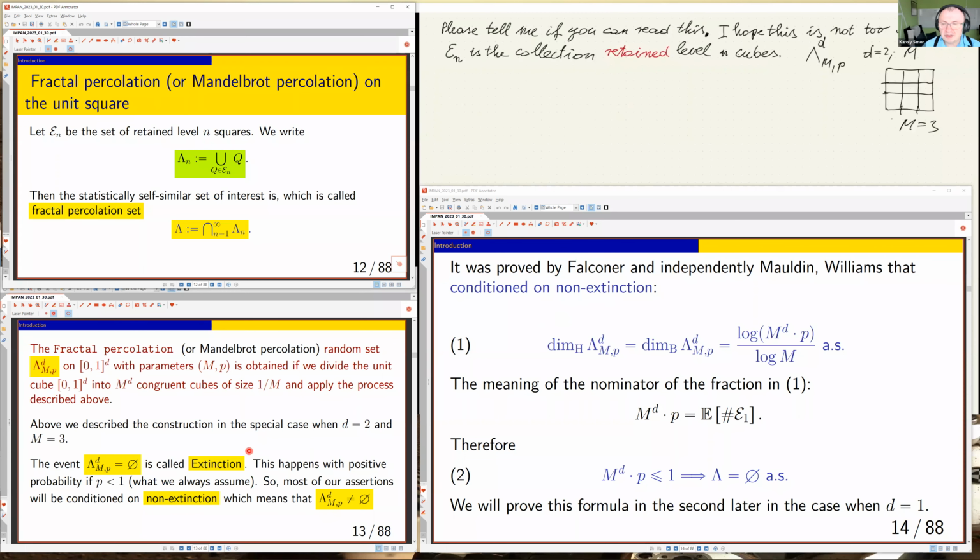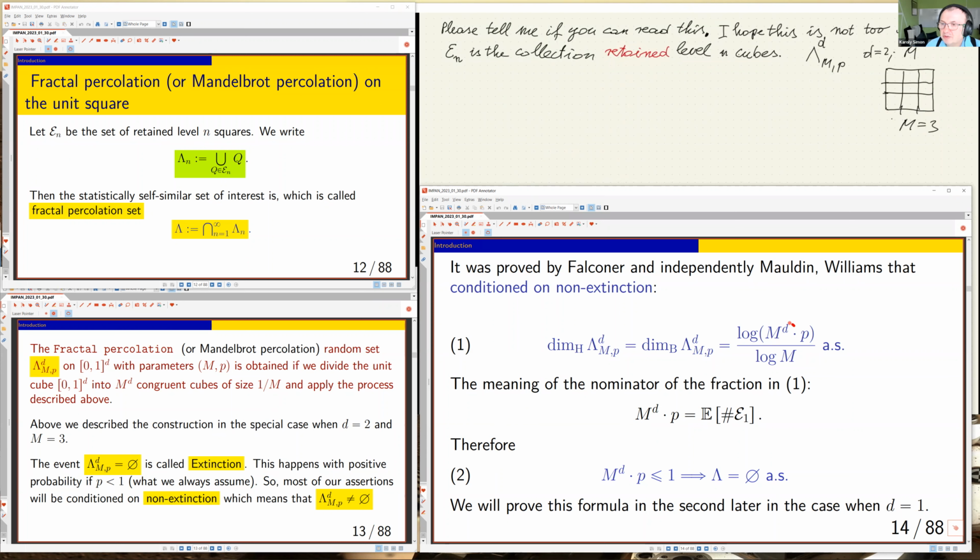So the first question we may ask about such a set is, what is going to be the Hausdorff dimension? The Hausdorff dimension of this set is the same as the box dimension, and this is given by the formula you see over here. The explanation for this formula is that the log m in the denominator refers to the reciprocal of the contraction ratio.